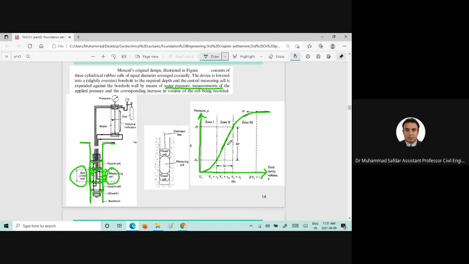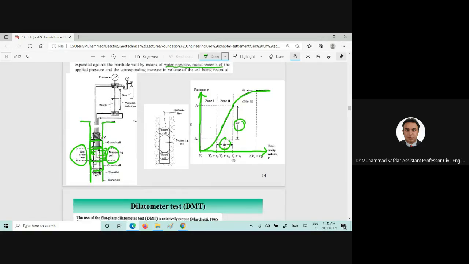And from this pressure-volume curve, the stress-strain curve, we can estimate the modulus of elasticity from the change in the pressures and the change in the volume. A zoomed-in view of this particular location in the borehole is given here.